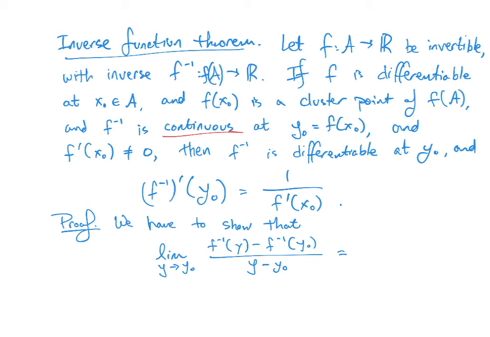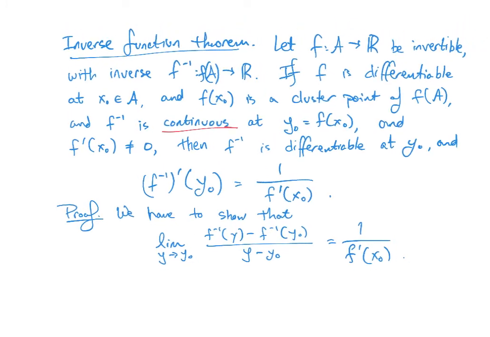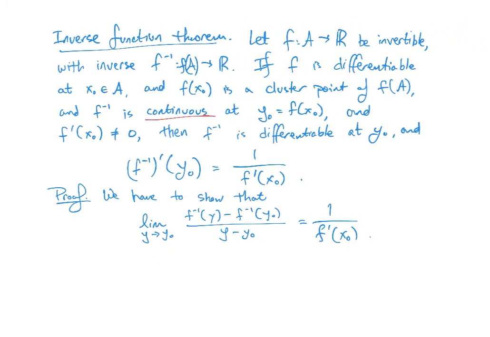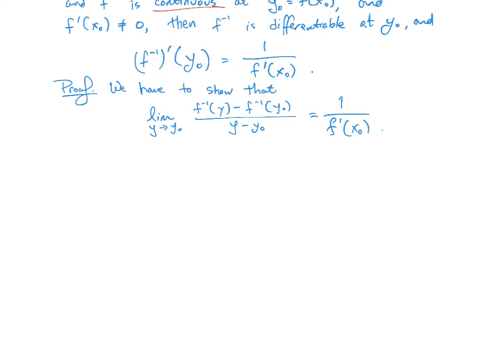And we'd like to show that this exists and equals 1 over f prime of x naught. Let me scroll up. We'll come back to those hypotheses when we need them.